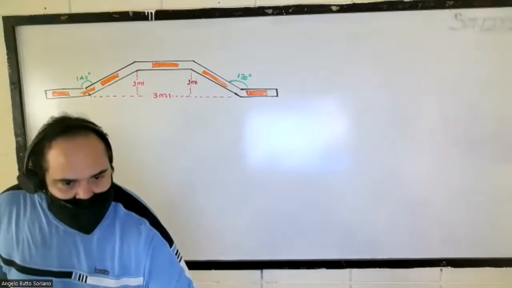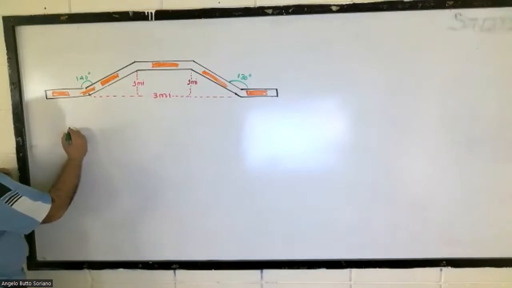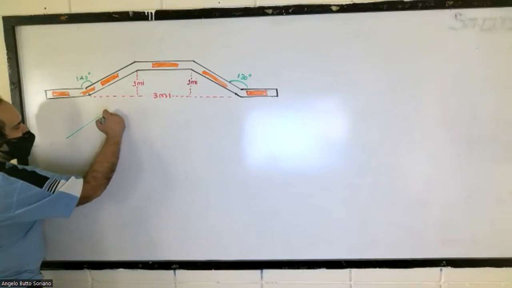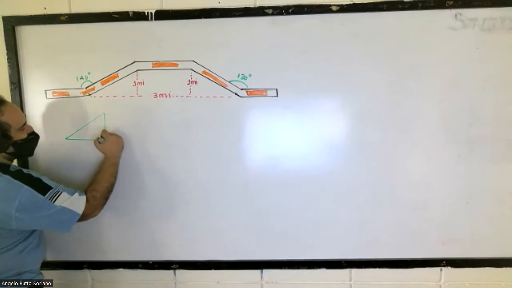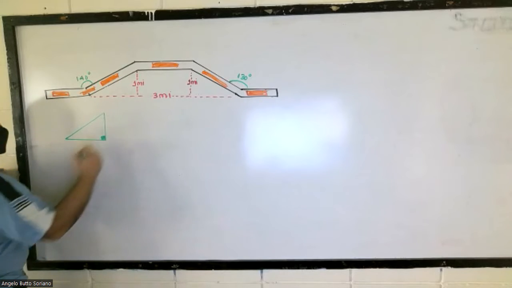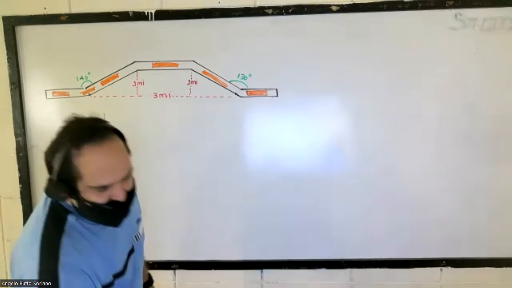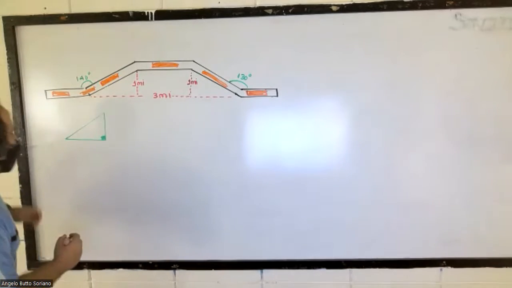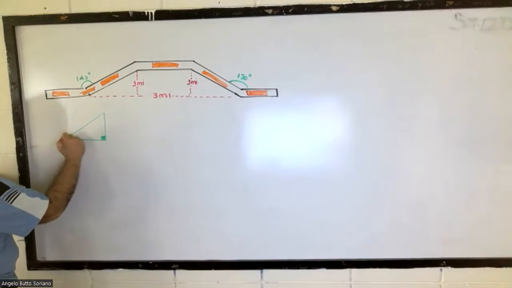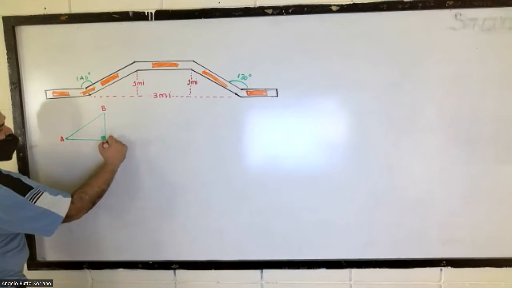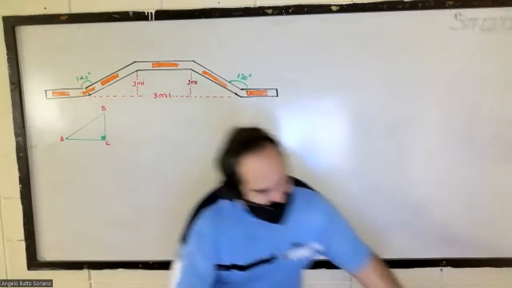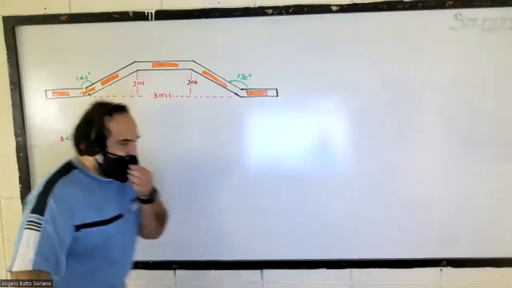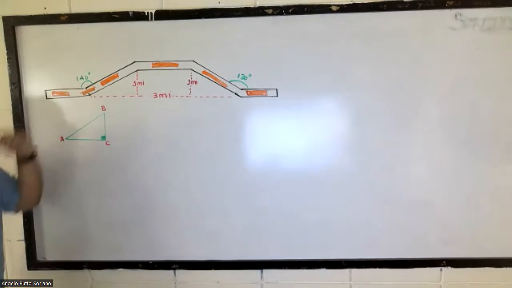The first one with vertices A, B, and C. And the measures are, for example, the angle, because at the beginning, we have an angle of 140 degrees.